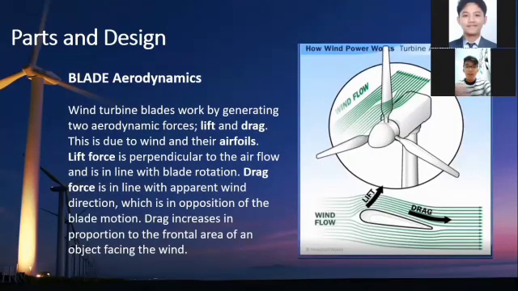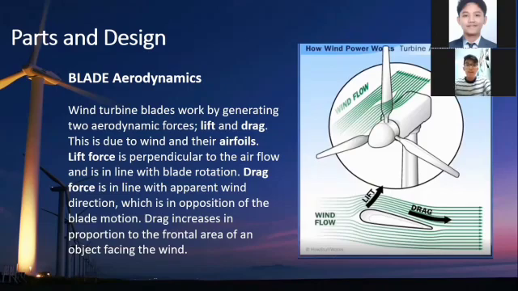And blade aerodynamics. Wind turbine blades work by generating two aerodynamic forces, lift and drag. This is due to wind and their airfoils. Lift force is perpendicular to the airflow and is in line with blade rotation.